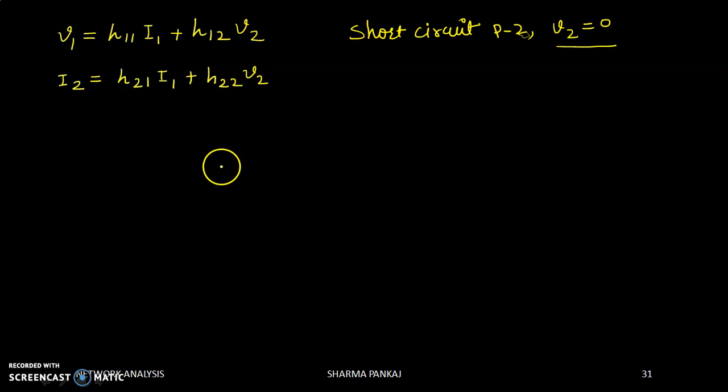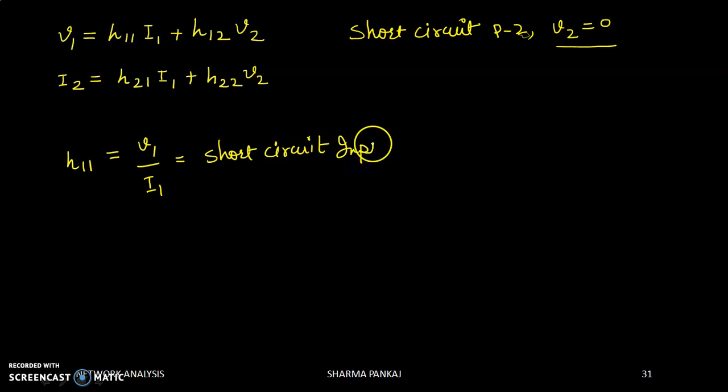So H11 is equal to V1 upon I1, which is the short circuit input impedance.